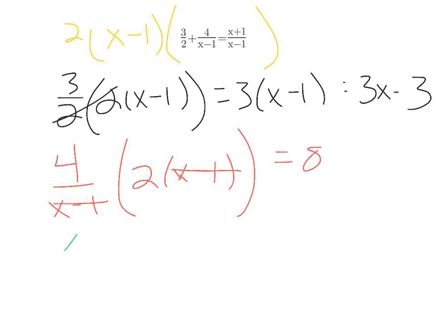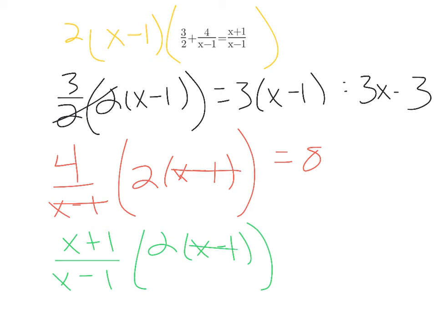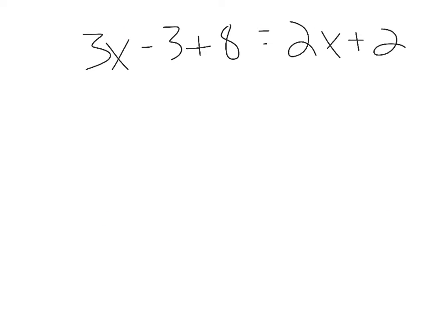Then when I multiply the quantity of x plus 1 over x minus 1 by 2 times the quantity of x minus 1, the x minus 1's cancel out and I'm left with 2 times the quantity of x plus 1, or 2x plus 2. I can now rewrite my equation as 3x minus 3 plus 8 equals 2x minus 2.